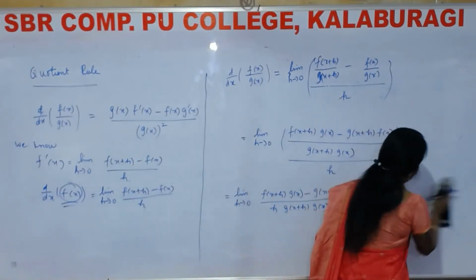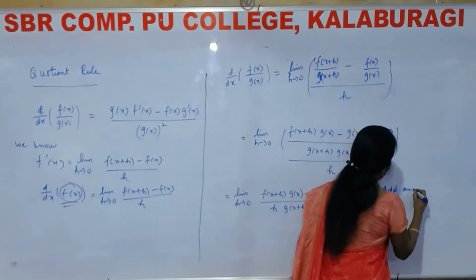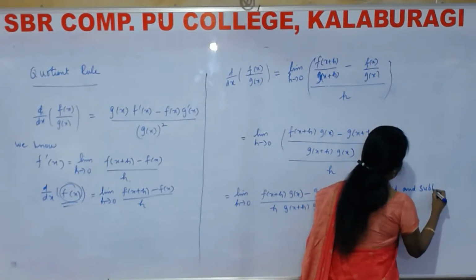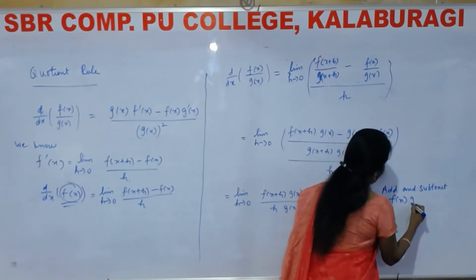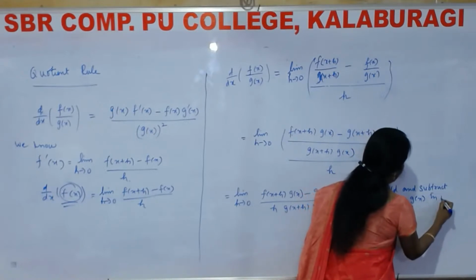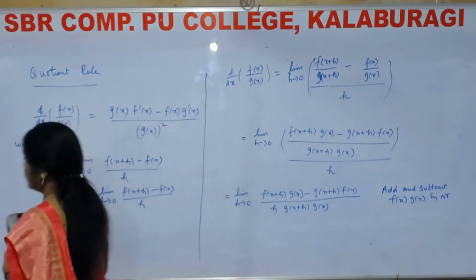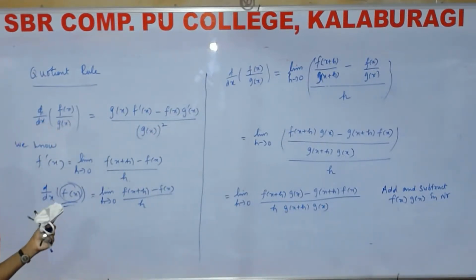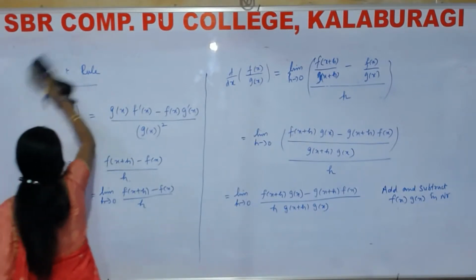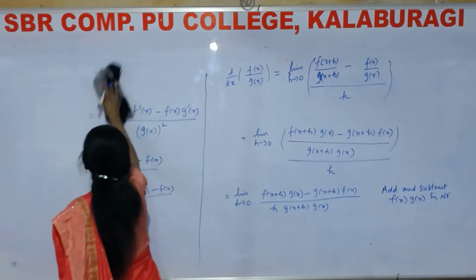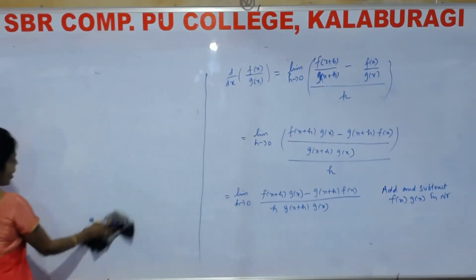Write this and subtract f of x g of x in the very one. Have you completed here? First we will subtract, okay?